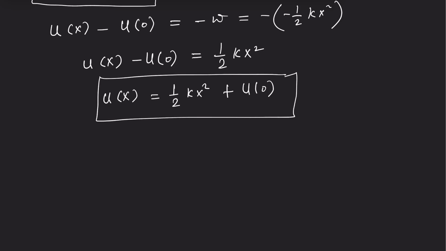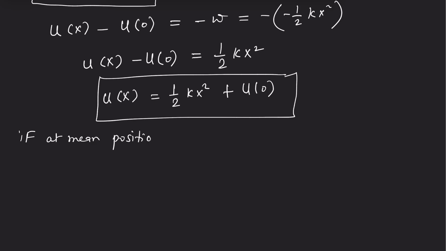Now in general, the potential energy is always defined relative to some position; it is never defined absolutely. So to define the potential energy for a general position, we define the potential energy at the origin as 0.